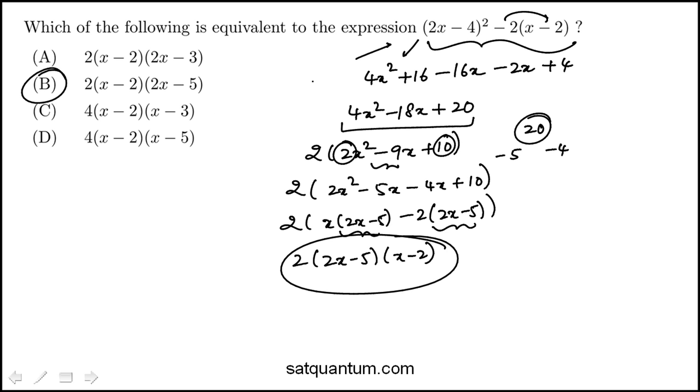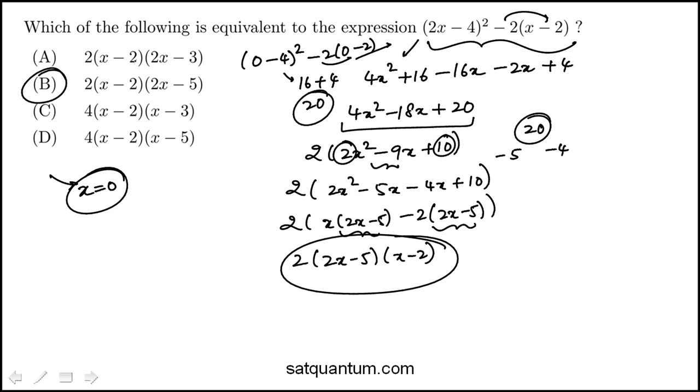Now, this is a no calculator question. You can plug in values. One example that works here is 0, which I've seen to work in a lot of the other questions as well. So when you plug in 0 here, that original expression would be 0 minus 4 squared minus 2 times 0 minus 2, so that's 16. And then this is going to be minus 2 times minus 2, so plus 4, so 20.